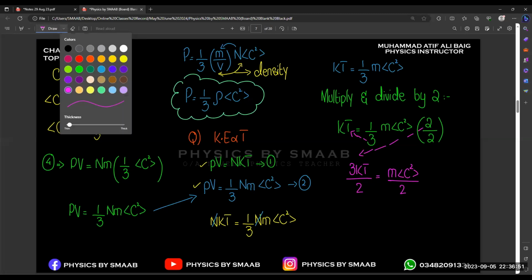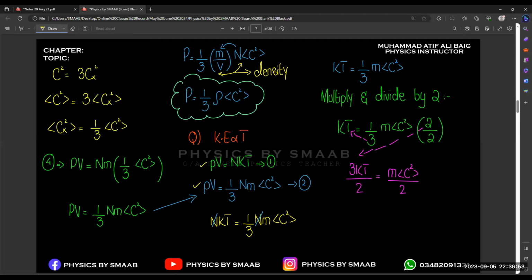half mc square gives you the concept of kinetic energy, and this 3k over 2 is constant. So in simple words, we can say that kinetic energy is directly proportional to temperature.